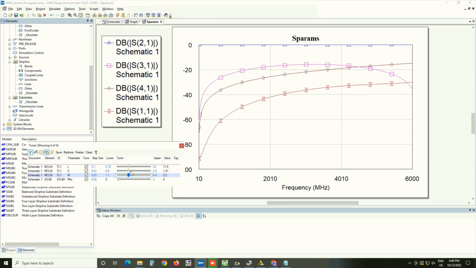You see, I'm not able to improve the directivity so much. Am I tuning the right thing? Yeah, I guess.